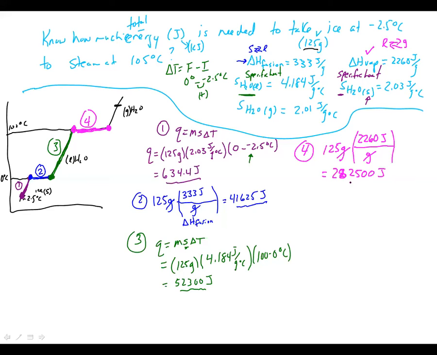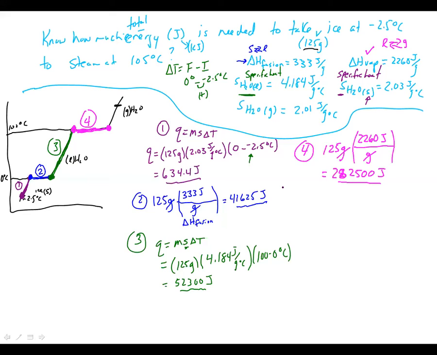So you can see that in comparison, going from liquid to gas versus solid to liquid, a much larger amount of energy is required. That's these two guys here. And that takes us now to 100 degrees Celsius. We have steam at 100 degrees Celsius.